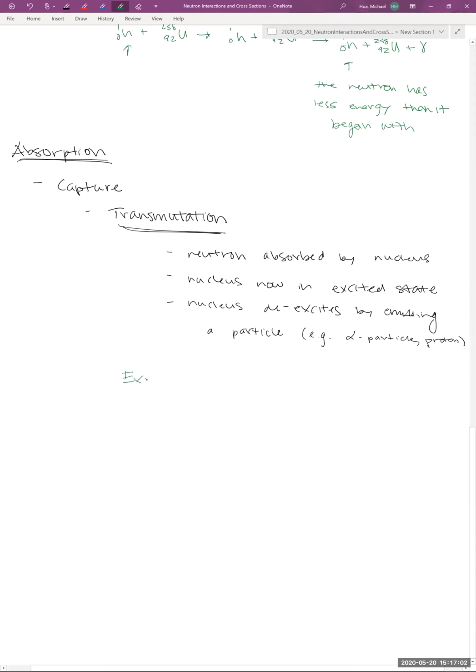So an example of this interaction, we could have a neutron interact with, let's say, boron 10.